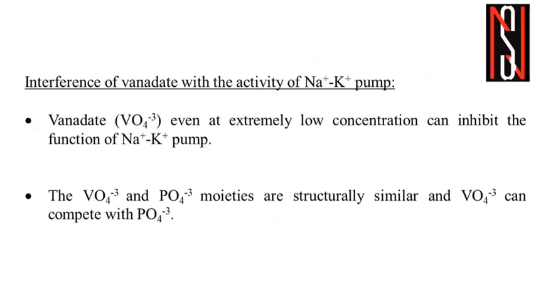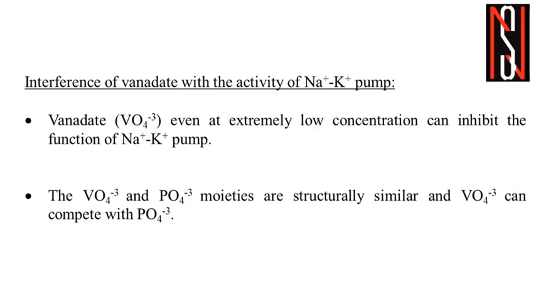Okay, so coming to the last part of the sodium potassium pump, I want to mention here that vanadate can interfere with the activity of the sodium potassium pump even at extremely low concentration, because at that concentration also it can inhibit the function of the pump.